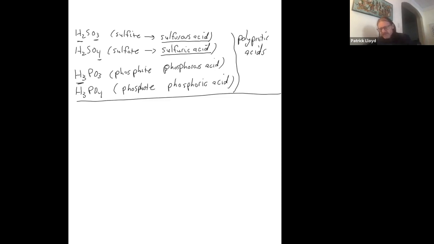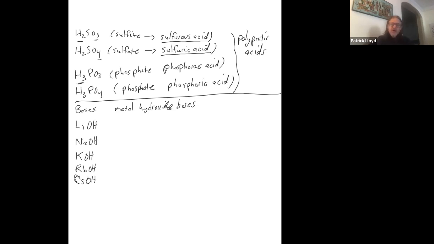Now let's talk about bases. There's 2 groups of bases that we want to be concerned with. The first one are the metal hydroxides. And so those would be lithium hydroxide, sodium hydroxide, potassium hydroxide, rubidium, and cesium, Cs.